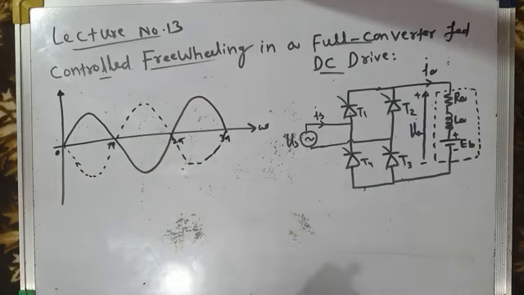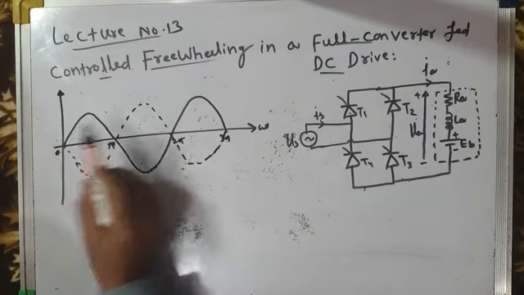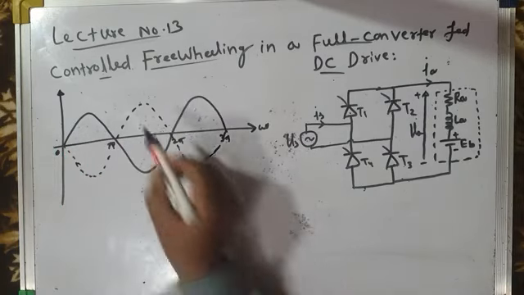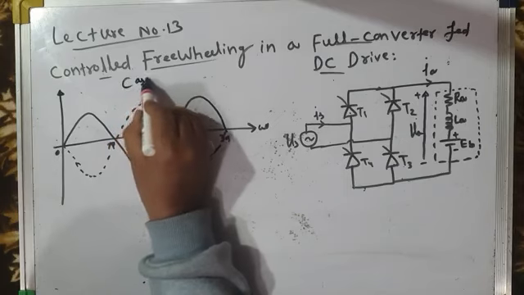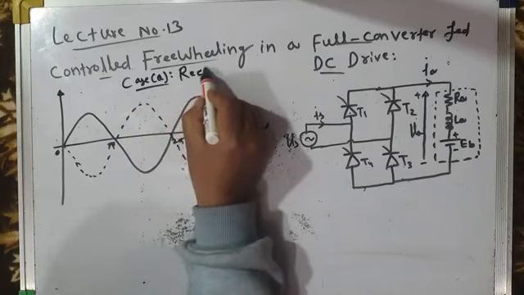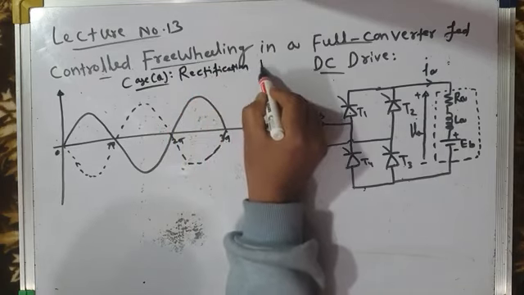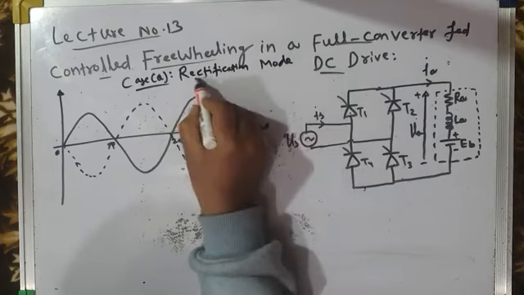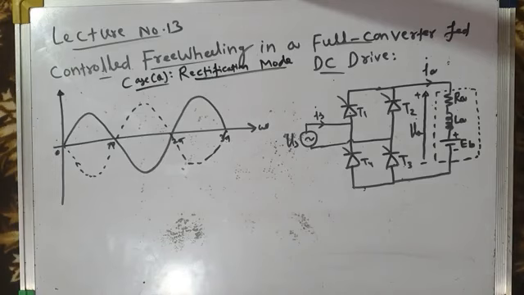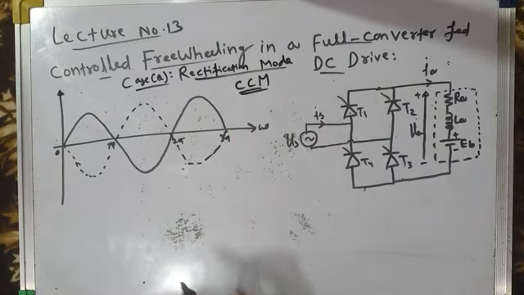Let us assume we operate our drive in the rectification mode of operation, and let us assume continuous conduction mode. We will take case A. Case A is rectification mode of operation. In this rectification mode also, the drive will operate either in continuous conduction mode or discontinuous conduction mode. Let us consider first CCM, that is continuous conduction mode of operation.